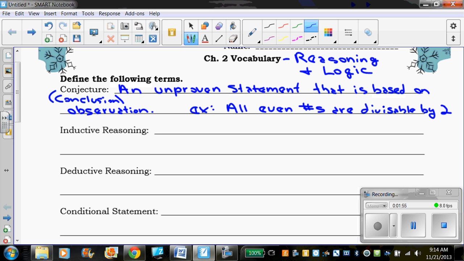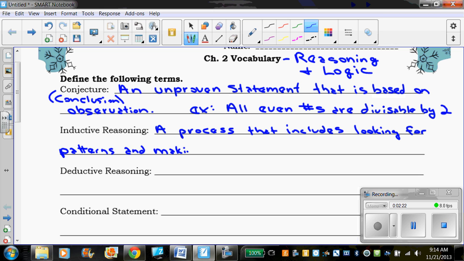So inductive reasoning is a process that includes looking for patterns and making conclusions, or, using the word above, conjectures.